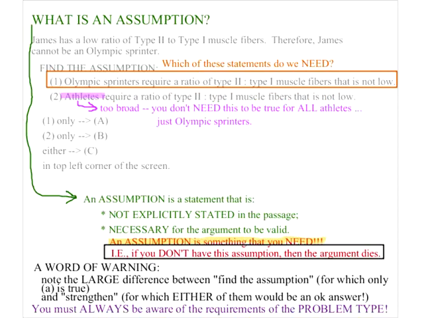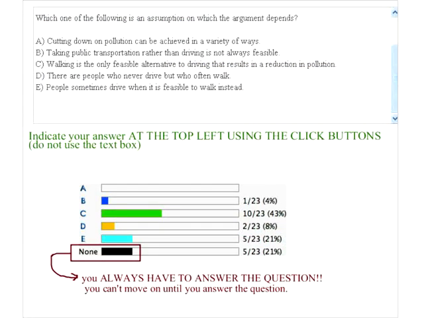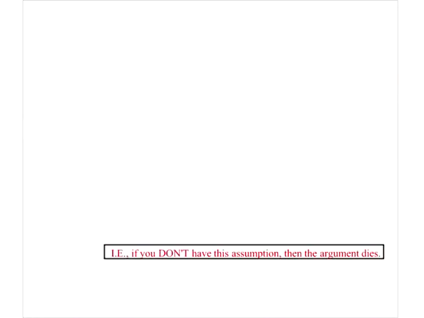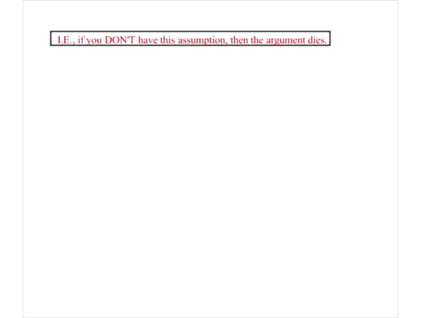So let's take this fact and bring it over to another screen and see what we can do with it. Here's the statement that we figured out about assumptions before. Remember, if you don't have the assumption, then the argument dies, for any valid assumption.